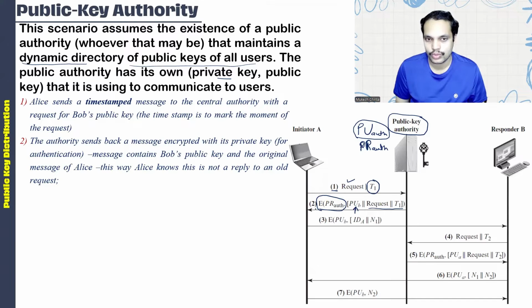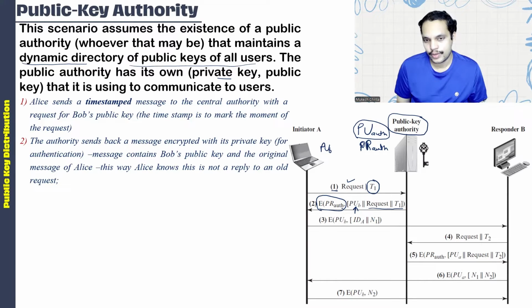So A now knows that it is not an old reply, but a reply to the request it has sent. Now, because A knows the public key of the authority, it will be able to decrypt this message and obtain the public key of B, PUB.